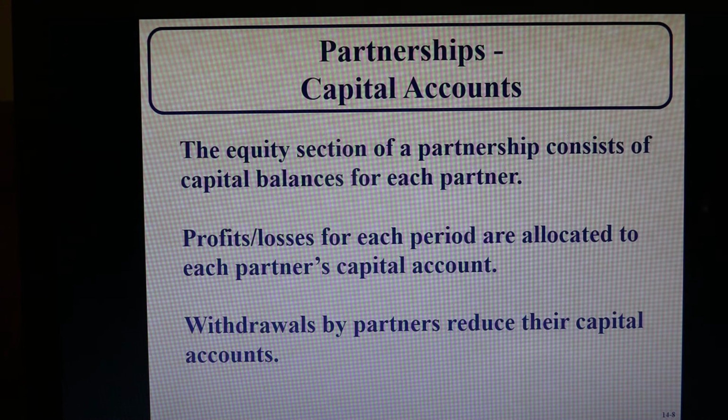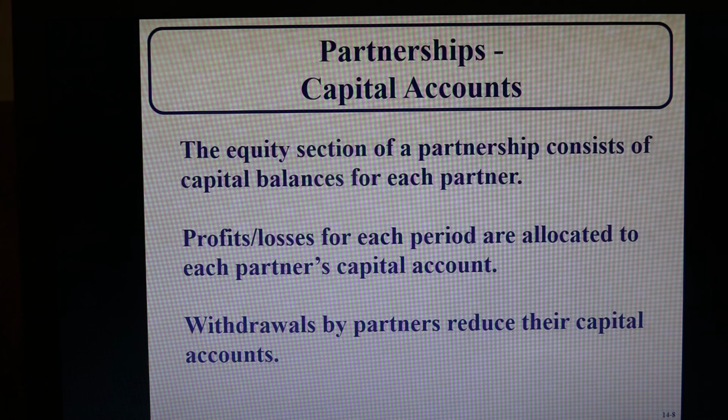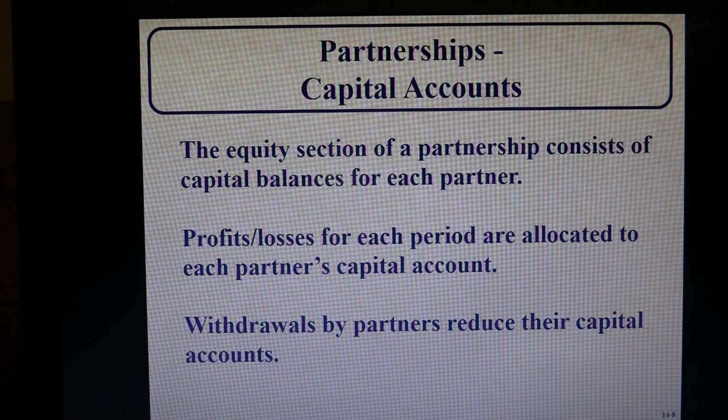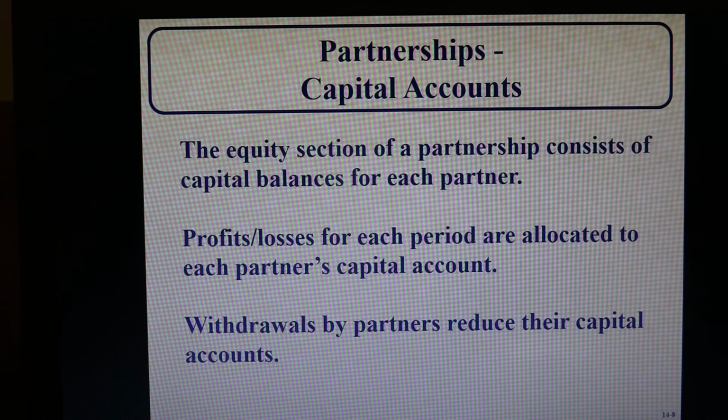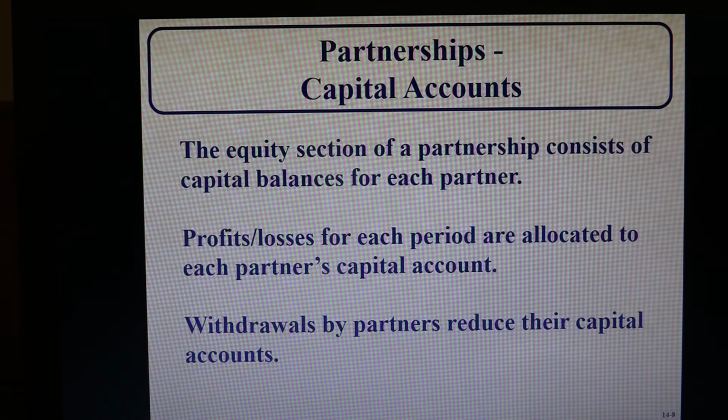You simply have each partner's capital account, and their capital account consists of their initial contribution, their share of any income or losses, and any withdrawals that they make. So from that standpoint, it's fairly simple, but it's fairly unique, which is why I feel the need to talk about it.